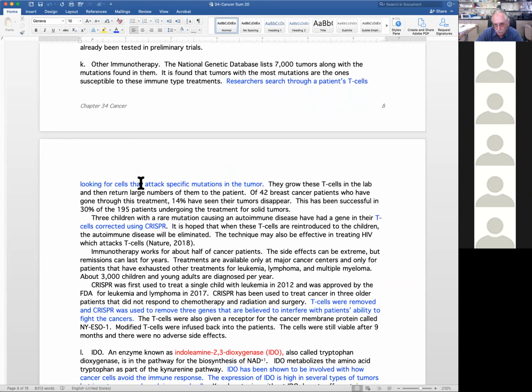So it's like the tumor from the patient and the T cells from the patient, and they're looking at which T cells, if any, can attack that tumor. If they find one, they'll take that T cell and reproduce it, grow it outside the patient, and then inject it back into the patient. So there's been some success with that.